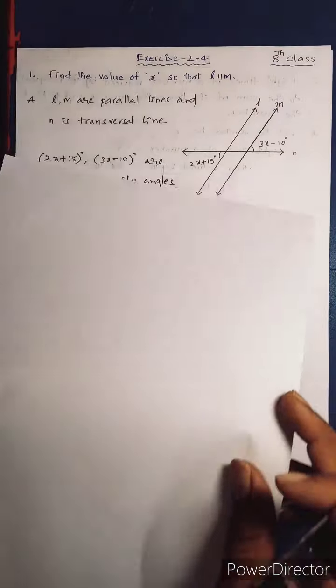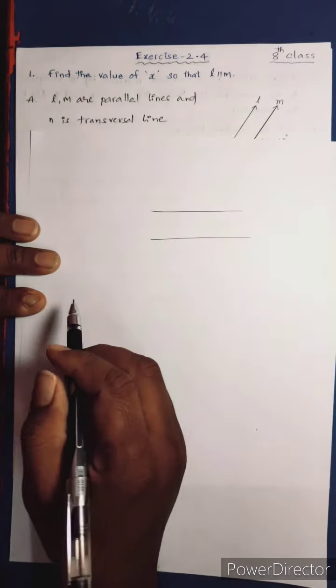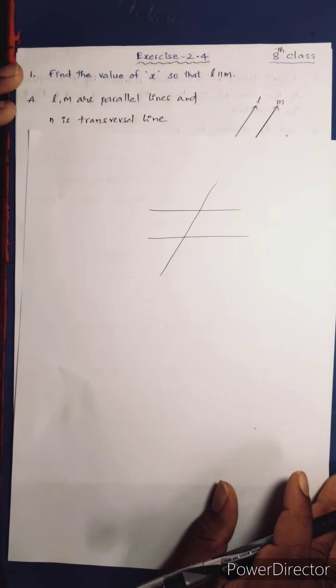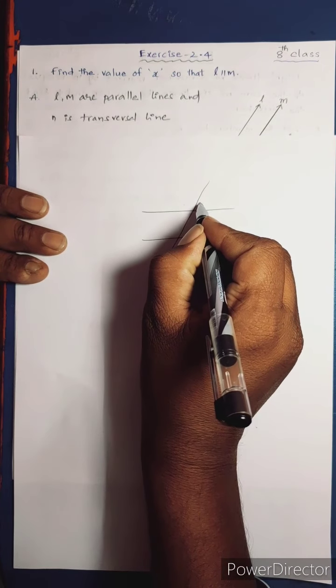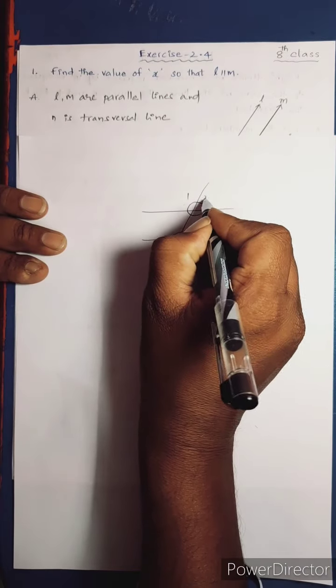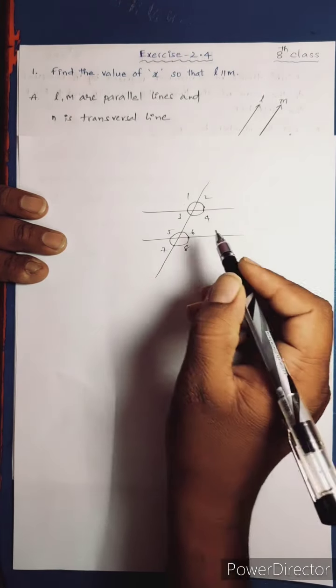Now in the previous class, we learned about parallel lines and a transversal line. When you draw a transversal line on parallel lines, you will get angles like this: 1, 2, 3, 4, 5, 6, 7, 8. Understood?